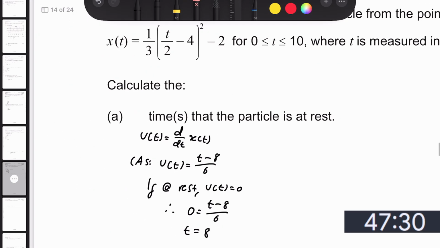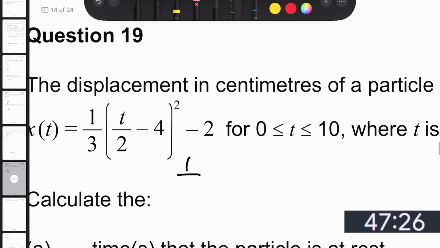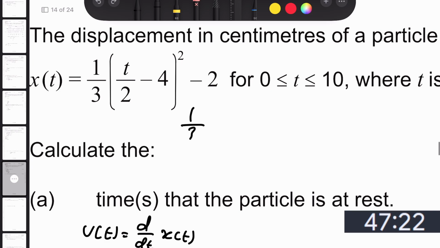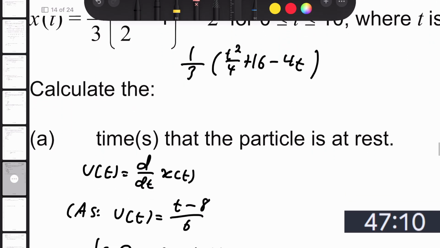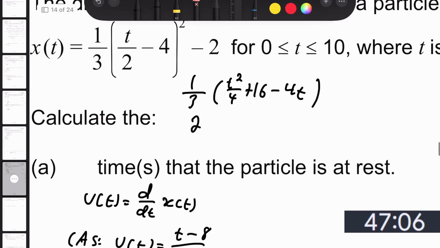Now, is that derivative correct? Let's see. Okay, I said I wasn't going to expand, and here I am expanding. Let's double check the calculator of all things. T squared over 4 plus 16 minus 4t. Should be a t. Oh wait, I see. 2t over 4 minus 4 over 3.